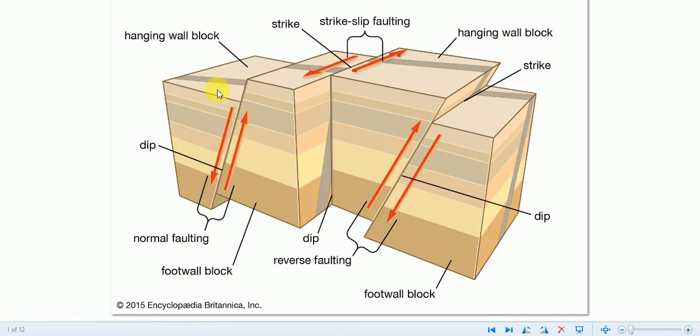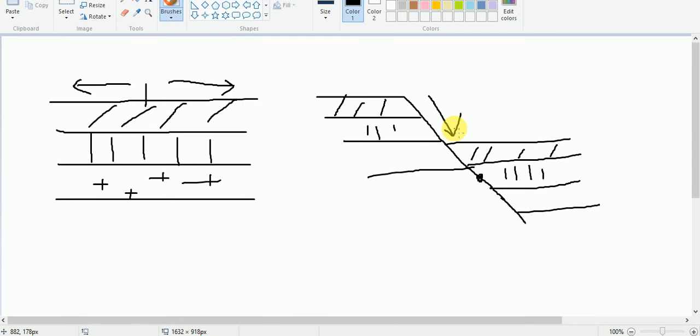In this case the left side is slided, and it may be sliding in this way, this one towards us, another away from us, and in the other case this portion may be slided upwards.